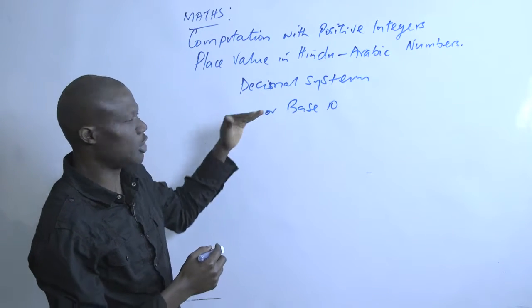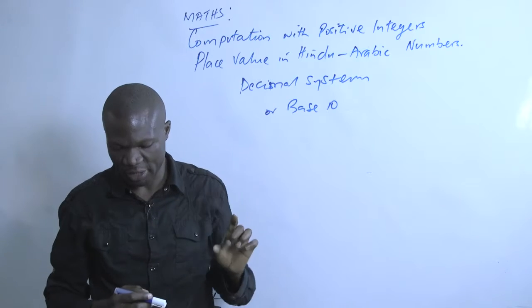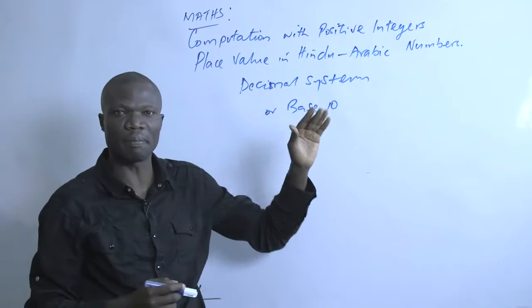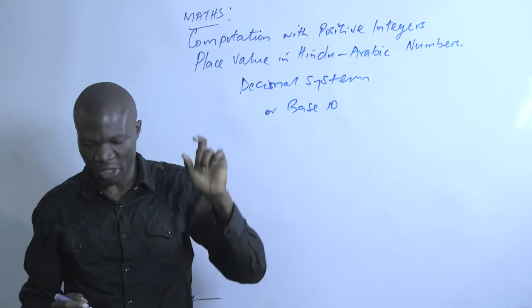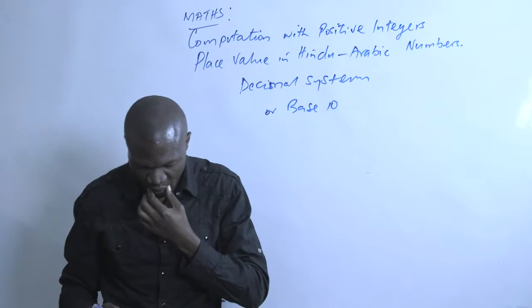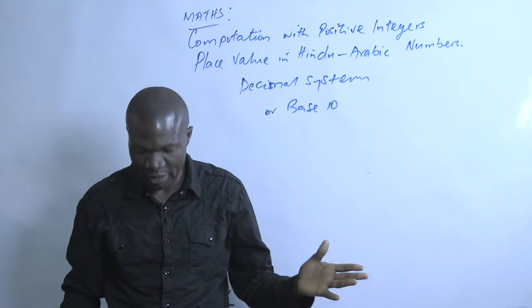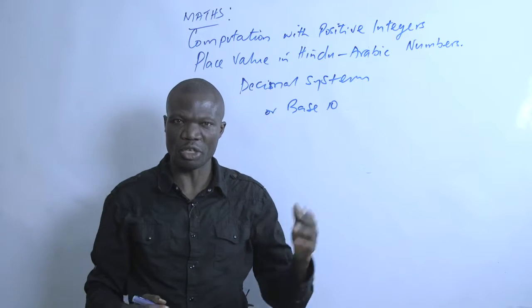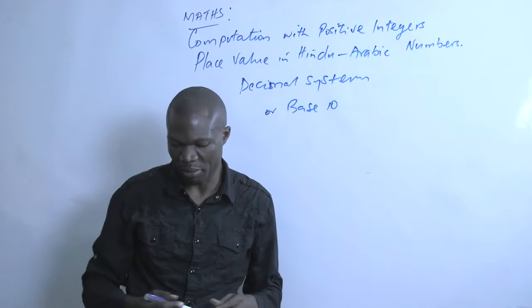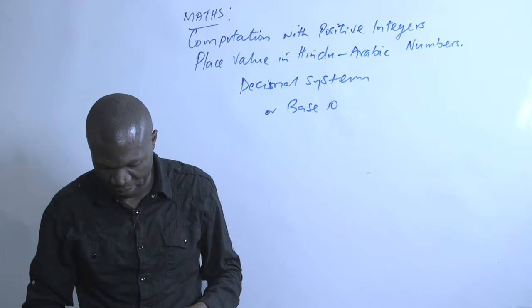Each position of the digit in the decimal system determines the value of the number. That also happened in the Babylonian system we looked at previously.